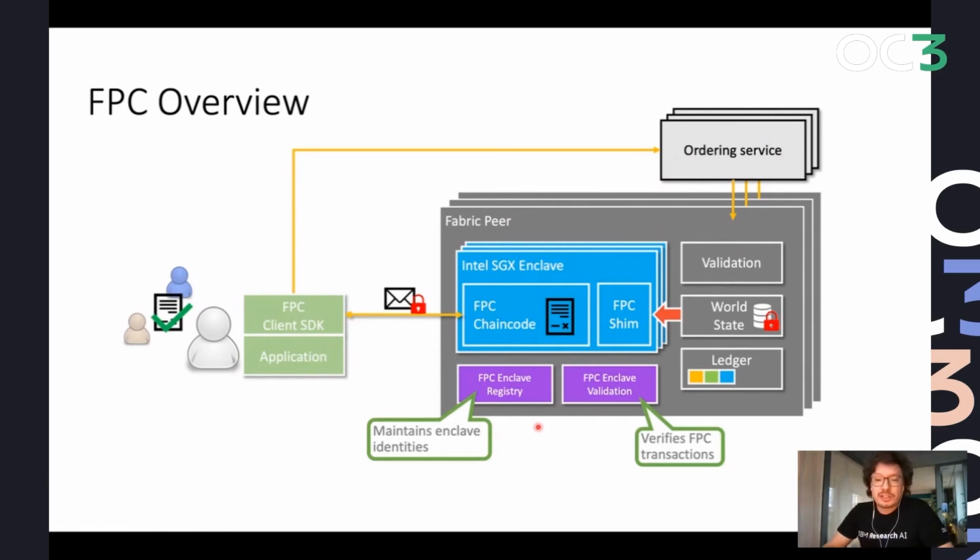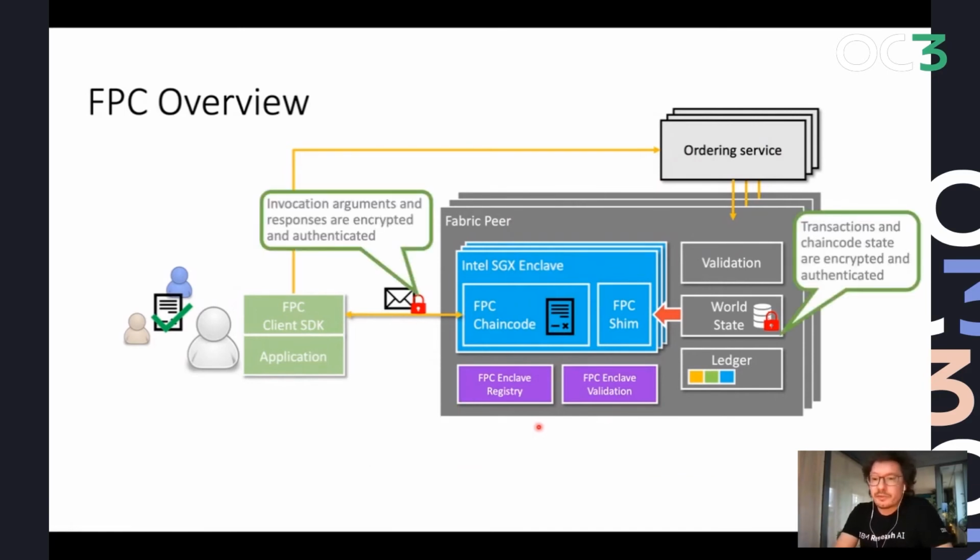Interestingly, since we have a blockchain system, we just store this information on the blockchain, right? In addition to that, we have the FPC enclave validation, which is essentially a component which helps us to verify that the transaction was actually computed or executed by an SGX enclave.